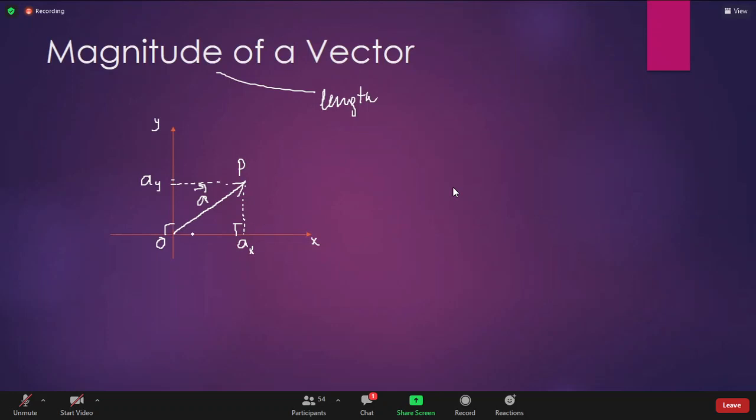The length of the leg parallel to the x-axis and the length of the leg parallel to the y-axis. On the x-axis, we have AX. On the y-axis, we have this length.